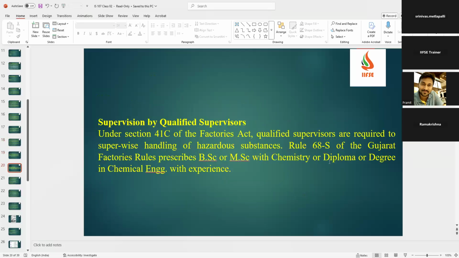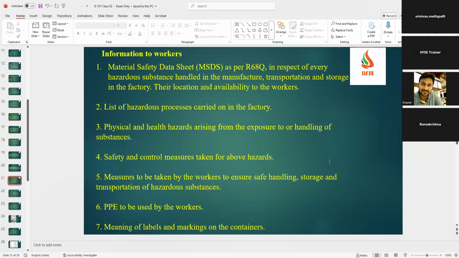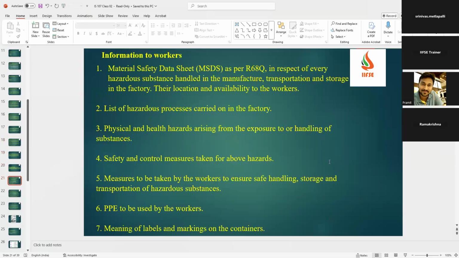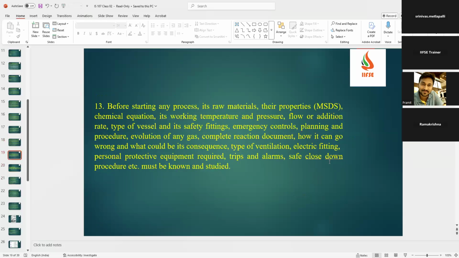So if we say emergency, we have an emergency for the agitator motor, and we'll also have another emergency to control the utilities. Around the reactor we'll have a jacket. There will be different types of utilities like hot oil, steam, hot water, sometimes cold water, brine.